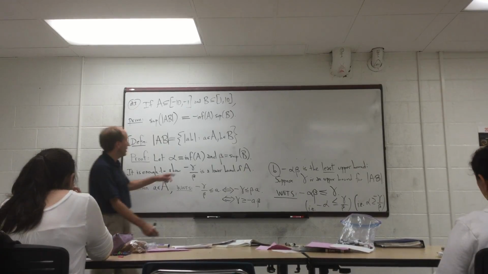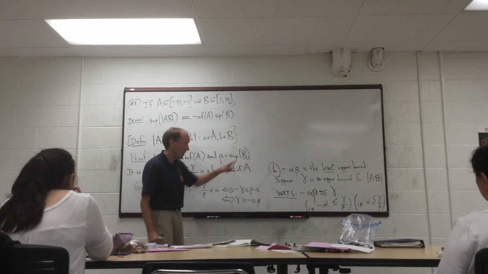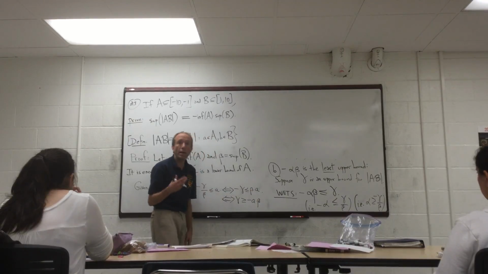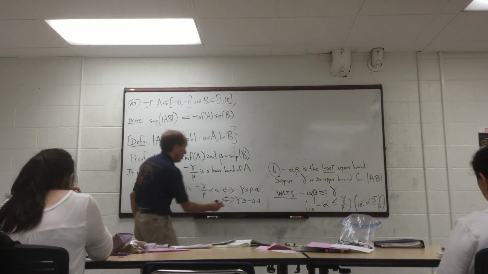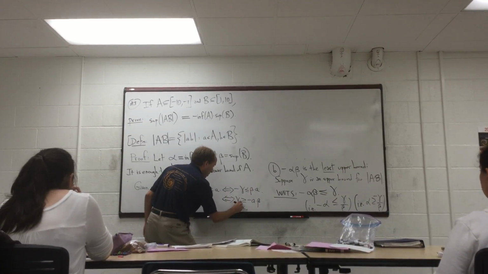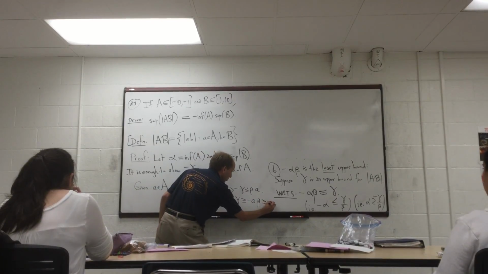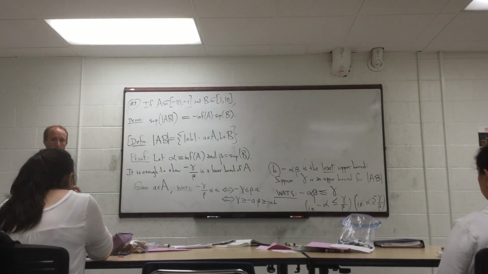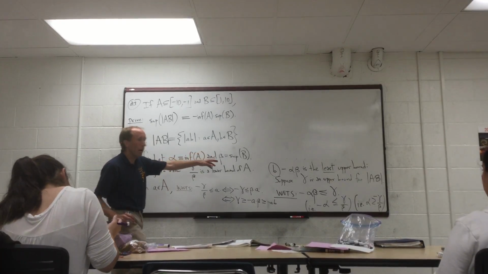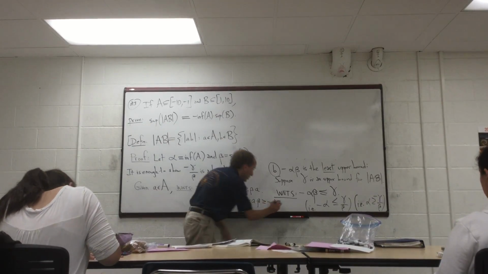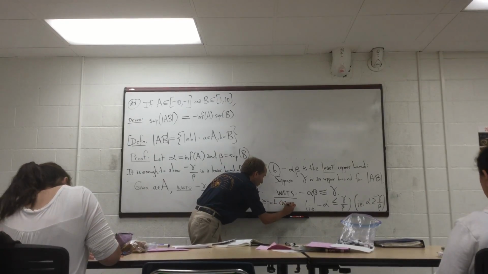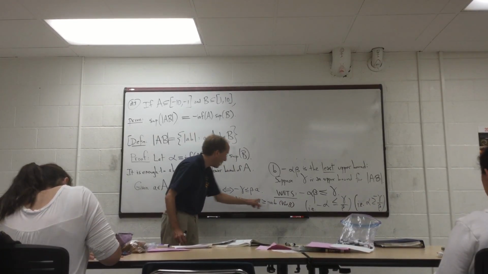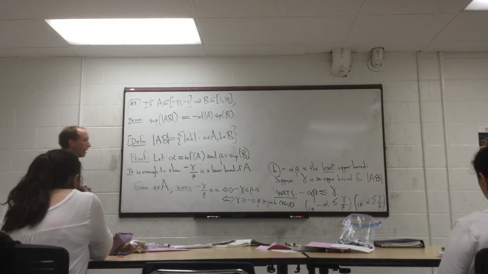Beta is the supremum of capital B, which means that beta is greater than or equal to b, so this is going to be greater than or equal to negative ab, because beta is an upper bound for capital B. So for all little b in capital B, gamma is going to be greater than or equal to that, right?